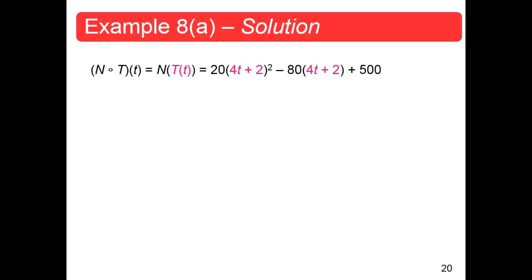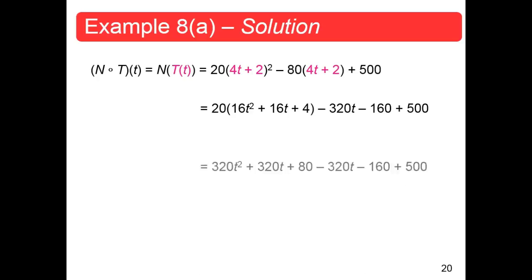Now we take the T of T, the temperature as a function of time, and put it in for the T in N of T. They did it in 1 step, what we did in 2. 20 times 4t plus 2 squared minus 80 times 4t plus 2 plus 500. I think skipping steps here might be a little premature, but it's okay if you understand it. And then they expanded this and did that just like we did.